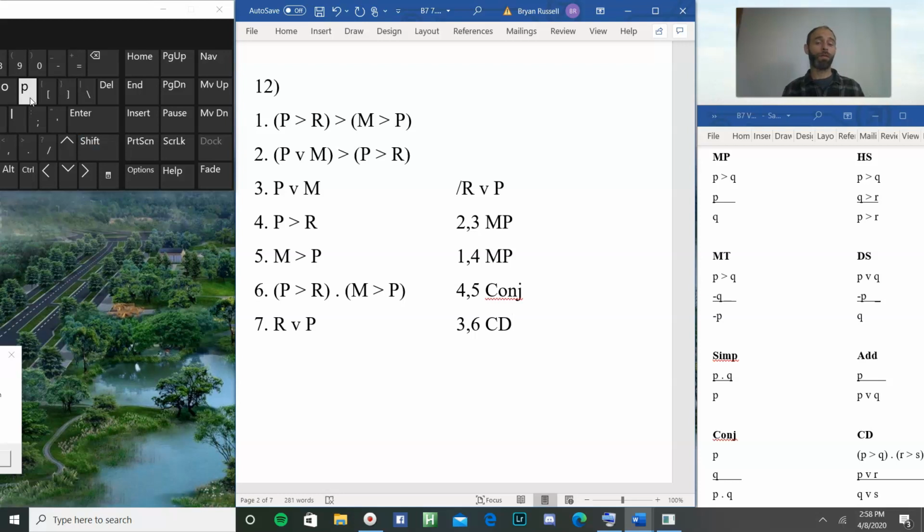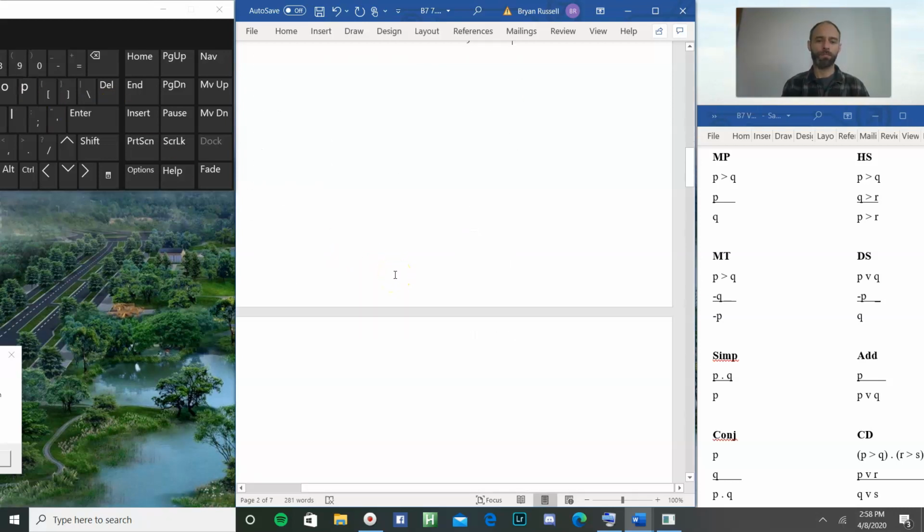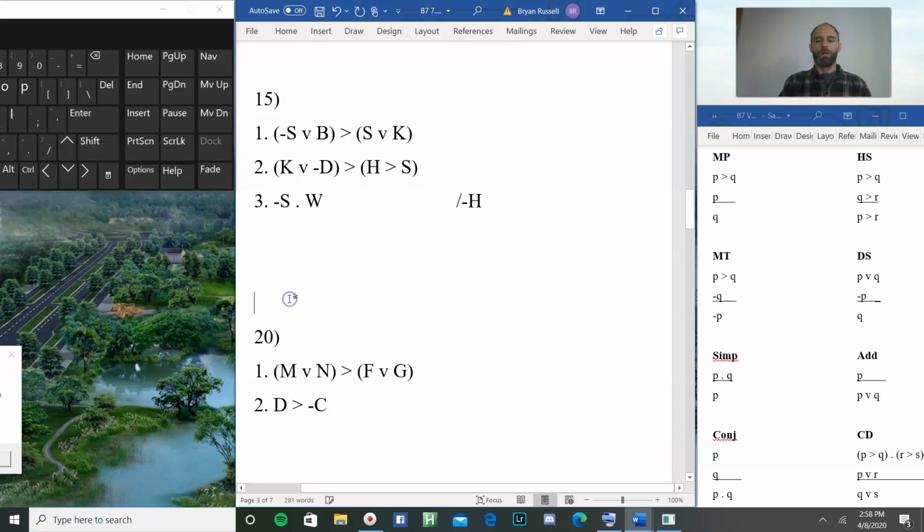So the constructive dilemmas, again, are a little tough if you don't see them coming, but suspect either the constructive dilemma or addition if you see a disjunction as what you're trying to derive.